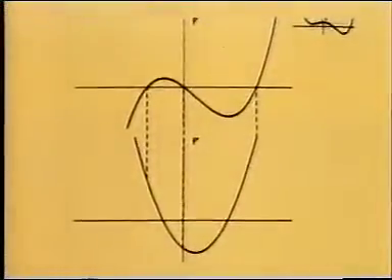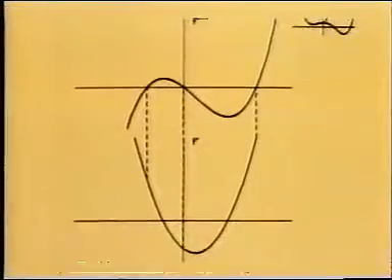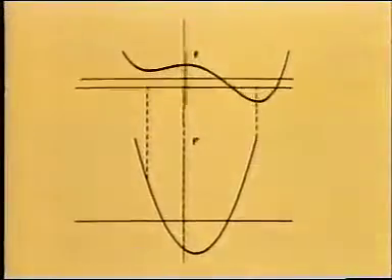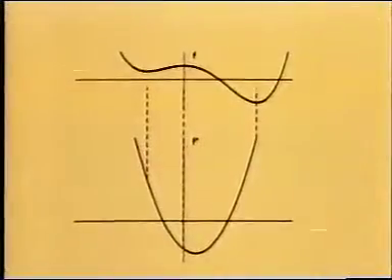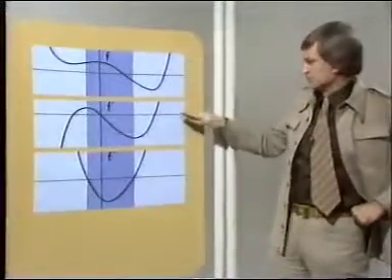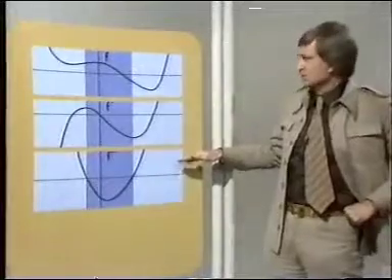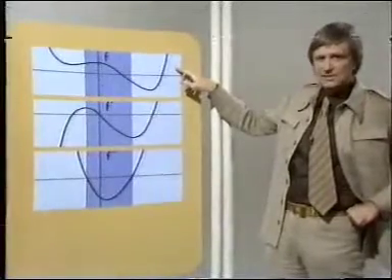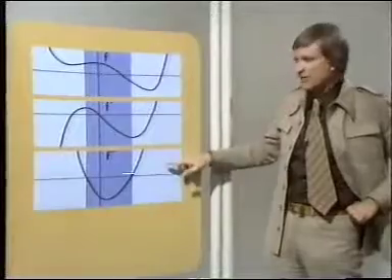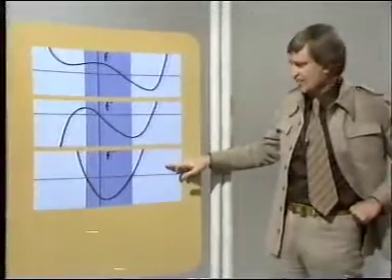Now let's see what the sign of the second derivative at these 3 points tells us about the original function f. Here we have the 3 curves that you saw in the computer animation: the curve representing the original function, the curve representing the first derivative, and the curve representing the second derivative.